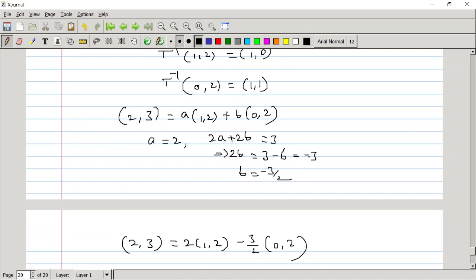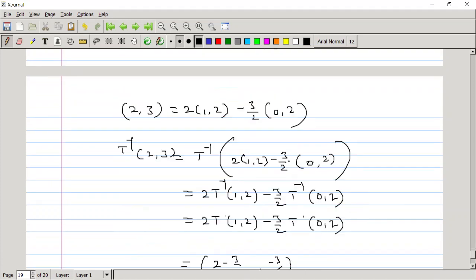Wait, one minute. There is a mistake, I think, in these calculations. In this equation, 2a plus 2b equal to 3, here a is 2, so here we have 3 minus 4 equal to minus 1. Right? So b is minus 1 by 2.